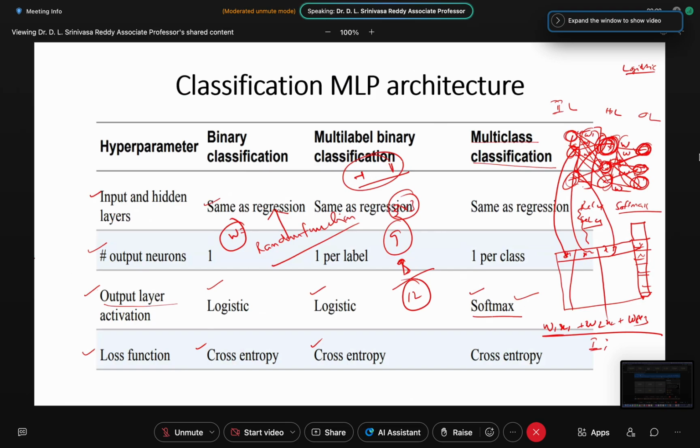Actually, in deep learning, there are millions and millions of weights you have to initialize first. Then in the training phase, iteration by iteration, you have to update all these millions of weights.